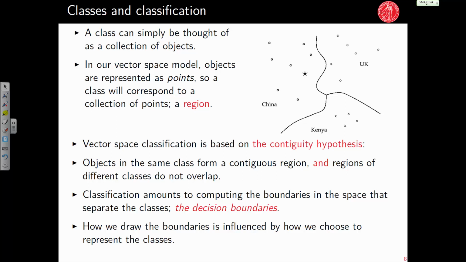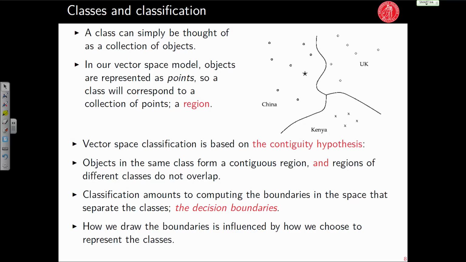Because if a point occurs on the left of this boundary, the boundary of China, then that point belongs to the class of China. If it occurs to the right, it could be UK or Kenya. So the decision boundary is just a representation of the boundary that delimits where the class region is.